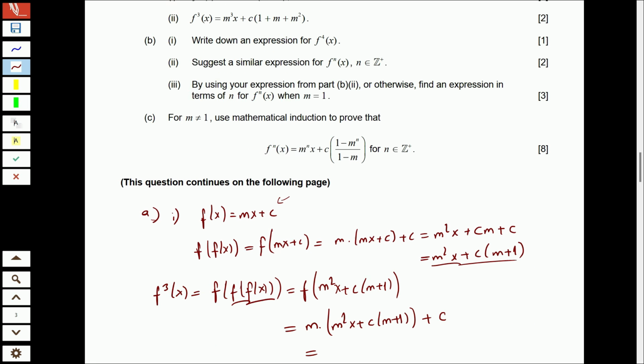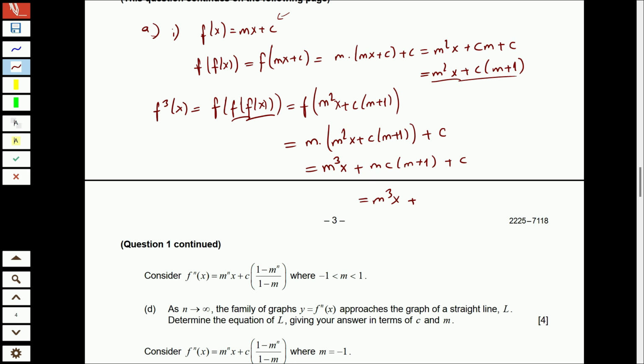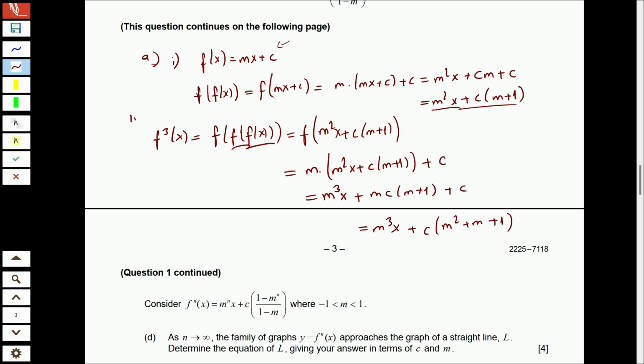When we simplify it, our goal is to find m³x + c(m² + m + 1). If you ask where it comes from, I can write first mc(m + 1) plus c, and then m³x plus c(m² + m + 1). Yeah, this is the second question.